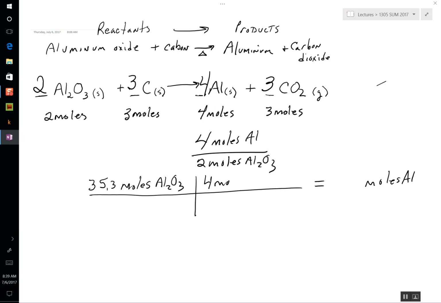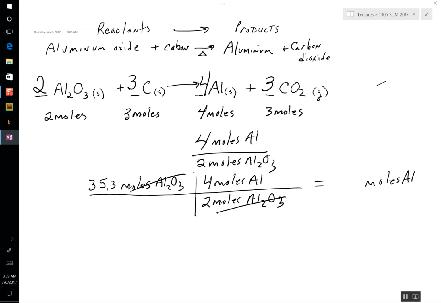4 moles of aluminum. Now I've got to put the moles of aluminum in the numerator and the moles of aluminum oxide in the denominator, because I want to convert into moles of aluminum. And these coefficients tell me that relationship.